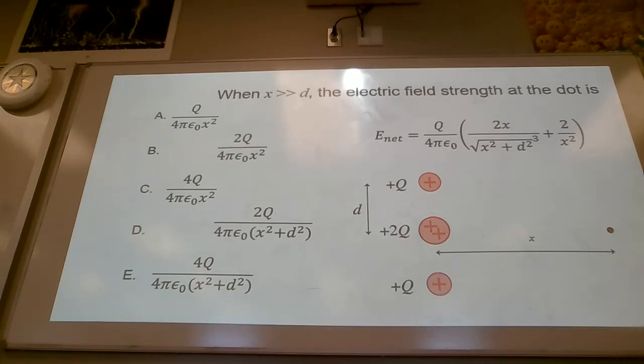But way far away, that's just going to look like a point charge of +4. And that's what that would be mathematically. You all right with that? Yeah. So you see the challenge. Like, strategies of problem solving: take the extreme cases.